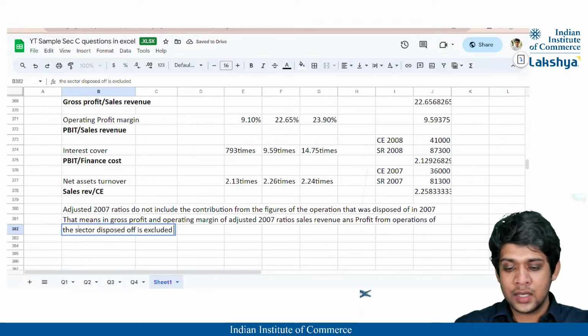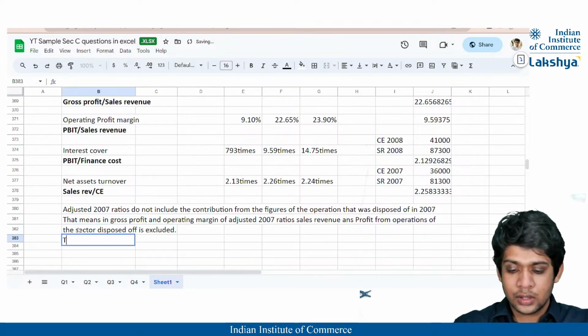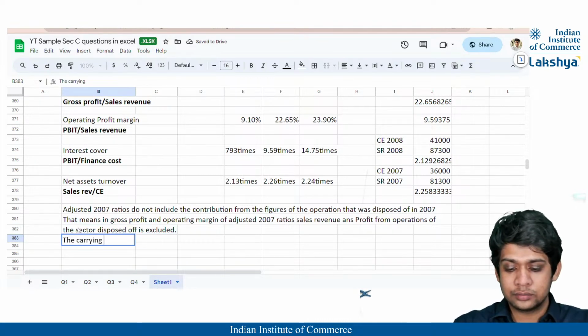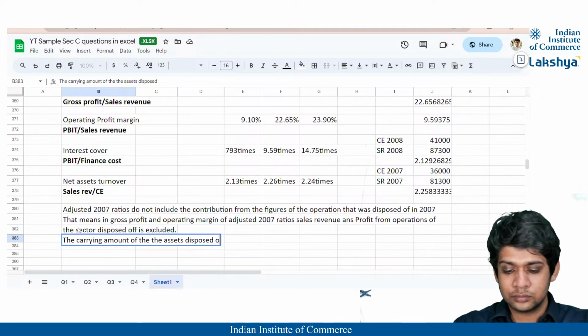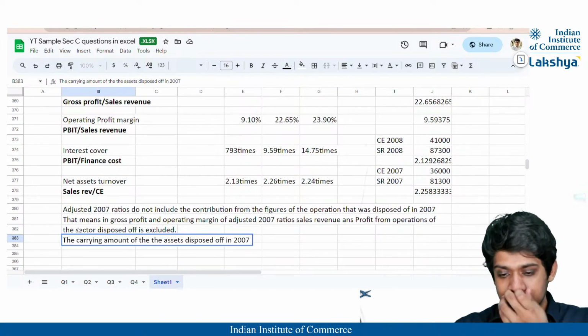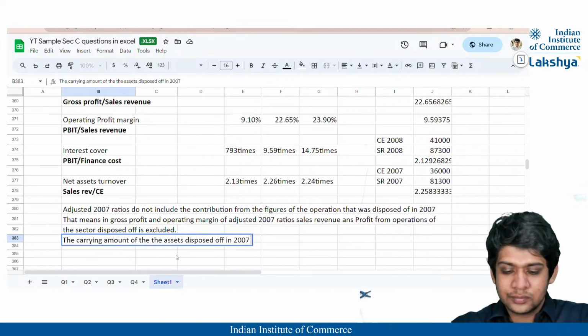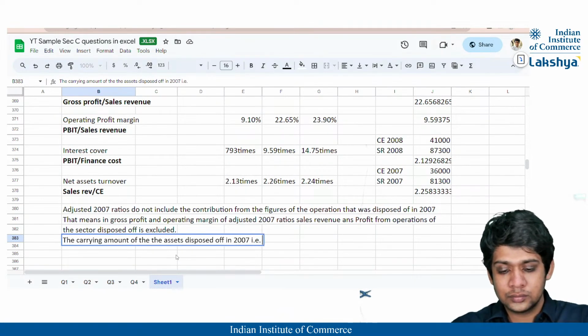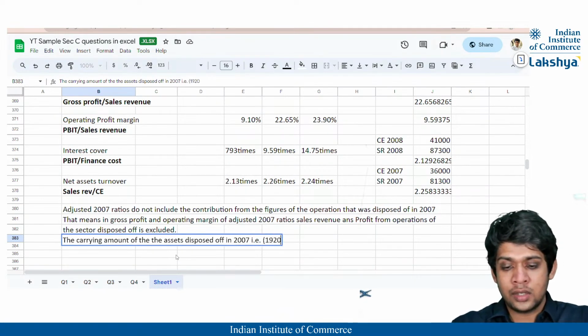Also, you can specify that the carrying amount of the assets disposed of in 2007, that is 19,200, or you can say 19.2 million sale value or fair value.